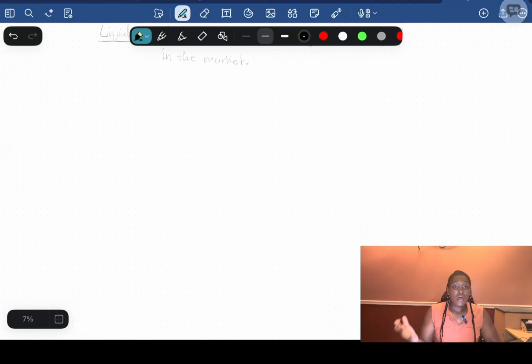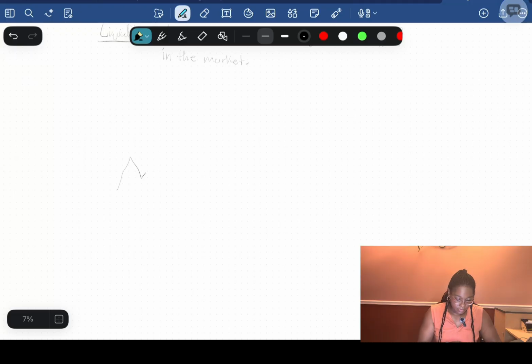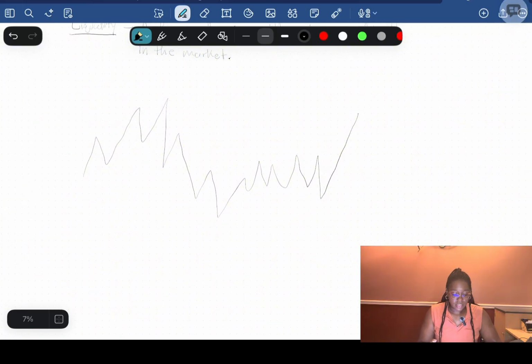And on a chart, this may look like, I'm just going to draw a trend line real quick. So here we have a trend line, not a very good one.